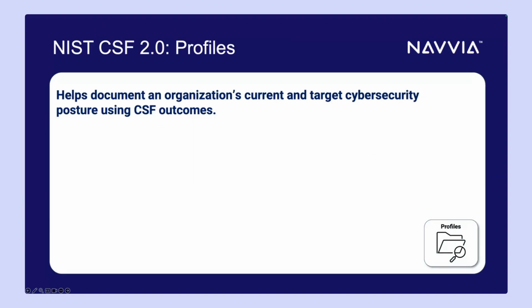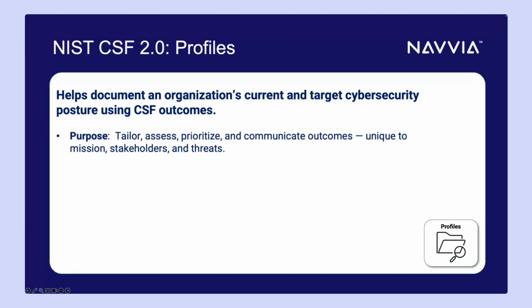Profiles help document an organization's current and target cybersecurity posture using the CSF outcomes. The purpose: you can tailor, assess, prioritize, and communicate your outcomes. And it can be unique to mission, stakeholders, and threats. You can actually look at a segment of your organization. Maybe you're a higher learning institute, but you also have a teaching hospital.